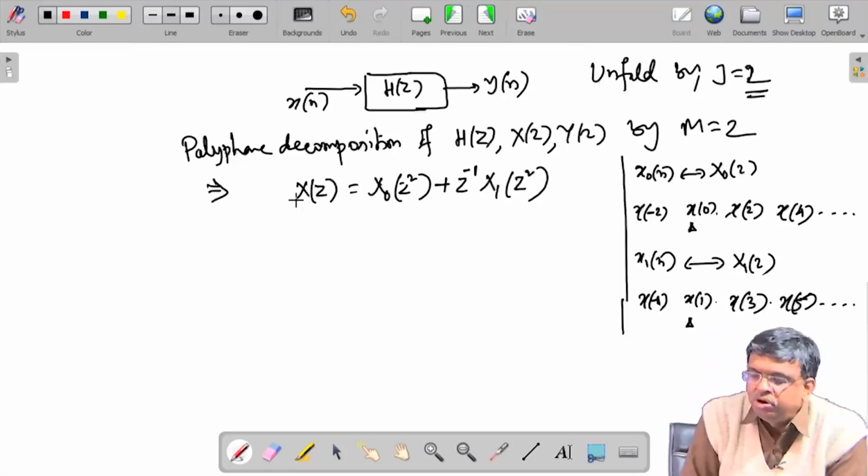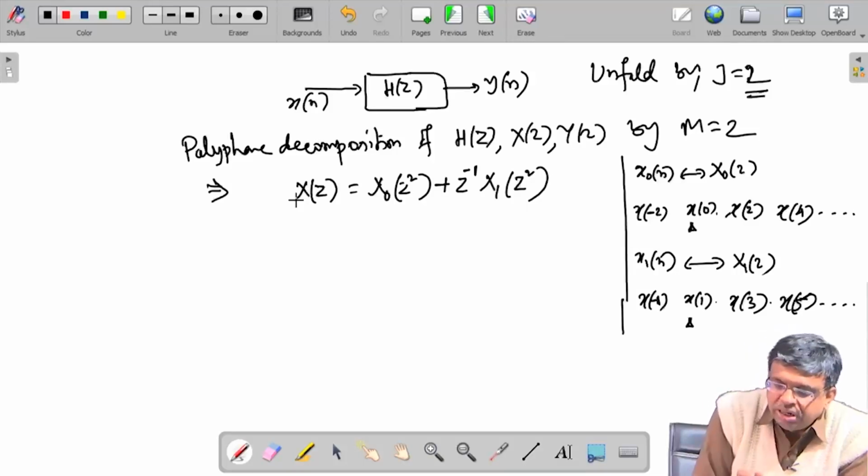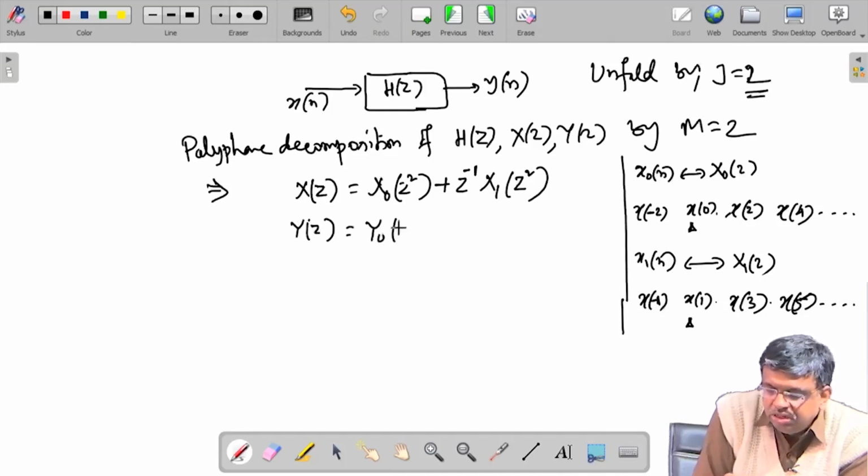This is just a repetition of what we did earlier. This I am doing for capital X, I can do for y also. Similar thing, Y0 z square.